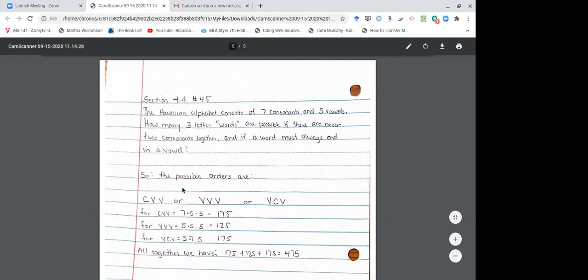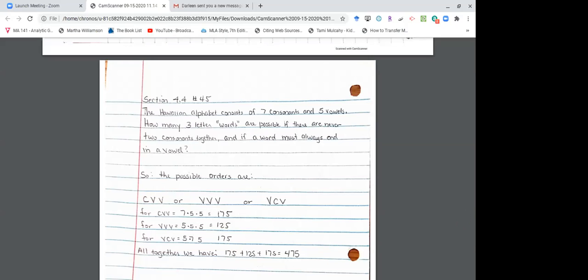We know the last letter is always a vowel, but we don't know about the first 2 letters. Now we might have CC, except there's never 2 consonants together, so I left that one out. So we could have a consonant, a vowel, and a vowel. We could have a vowel, a vowel, and a vowel. Or we could have a vowel, a consonant, and a vowel.